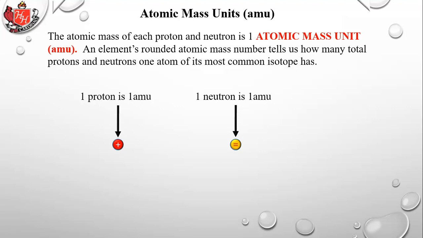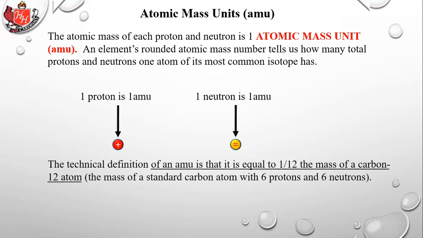Technically they don't. A neutron's a little bit heavier than a proton, but for the purpose of this class, unless stated otherwise, we just assume they have exactly the same mass, and that is 1 atomic mass unit. So an atomic mass unit is the mass of a single proton or the mass of a single neutron.